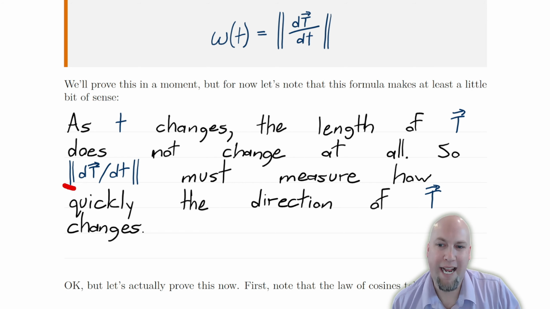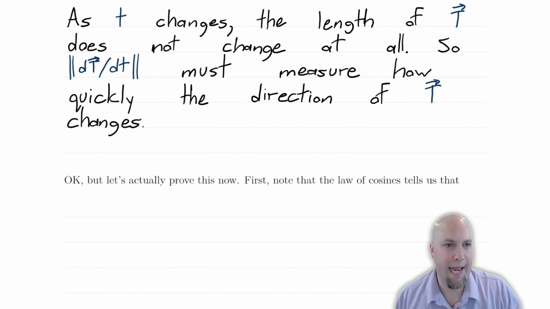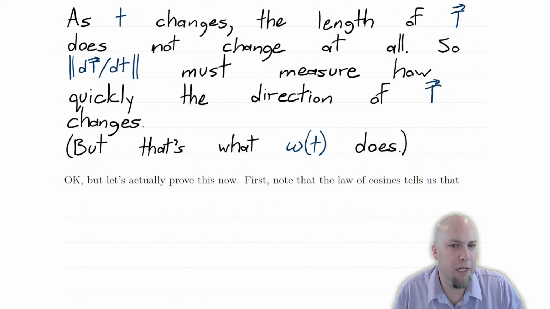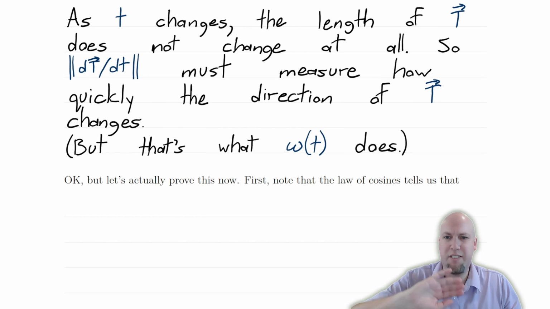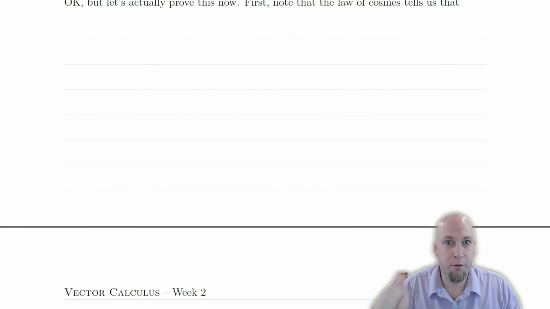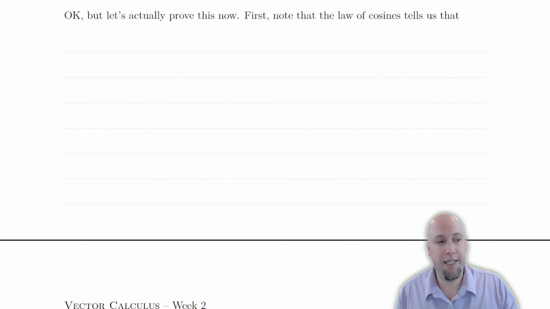So if we measure how big that rate of change is, it's measuring how much the direction or angle of that velocity vector is changing. That's exactly what we want to compute, that's what the angular speed does. Okay, so that's just intuition. That's hardly a proof. Let's do an actual proof now. Then finally we'll close the video with a computational example to see how to use it.